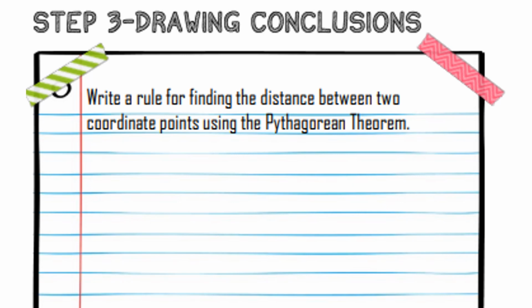Okay, so now I need you to draw some conclusions. So write a rule for finding the distance between two coordinate points using the Pythagorean theorem. So basically summarize what we just did in your own words, your own thoughts here. If you're able to process it in your own way, that means you understood the distance formula. Now, I didn't really give you a formula. I just showed you how to find the distance between 2 points and then use that to plug it into the Pythagorean theorem.